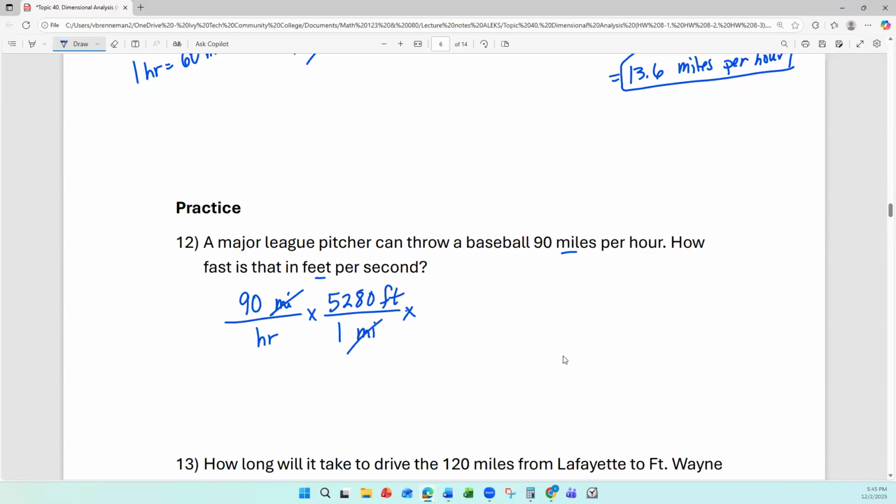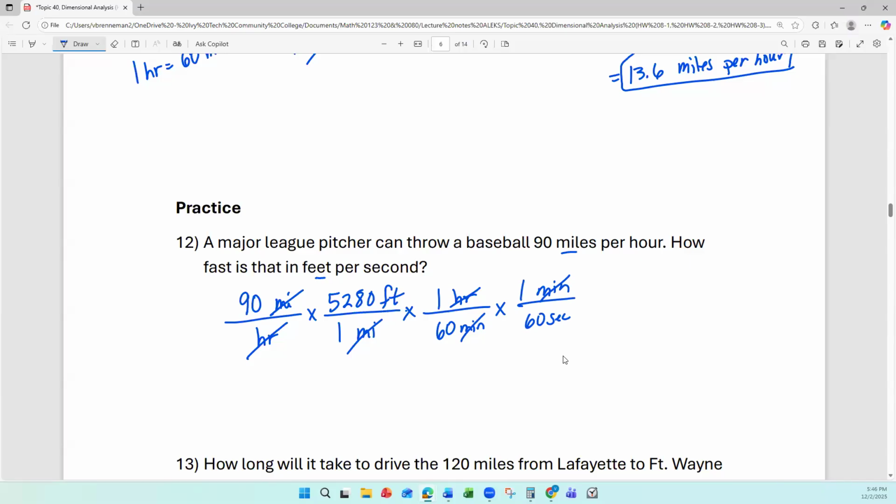I want feet per second. So I'll put 1 hour on top, 60 minutes on the bottom. So that takes care of the hour. And then 1 minute over 60 seconds to get to seconds. So now this is feet per second. If you happen to know that 1 hour is 3,600 seconds, you can use that directly.